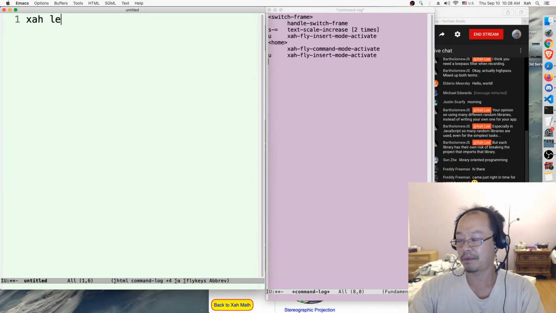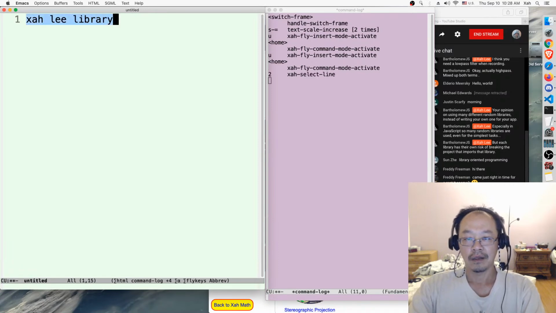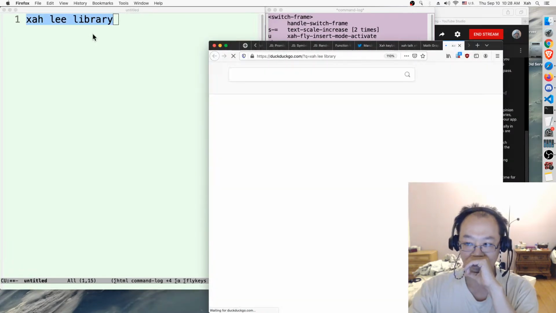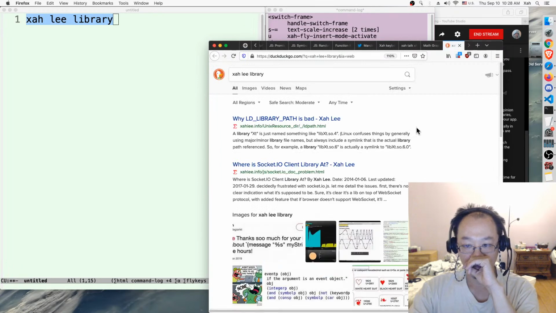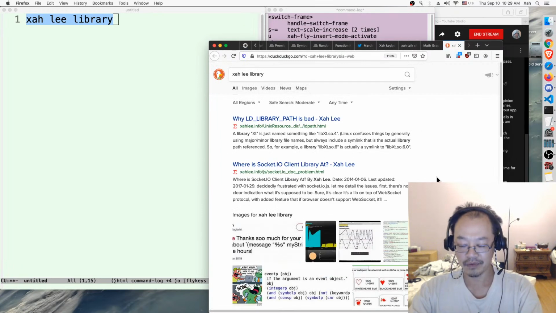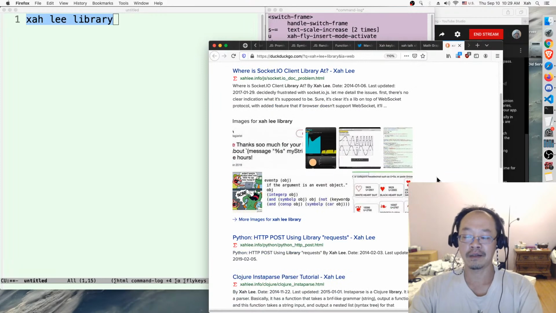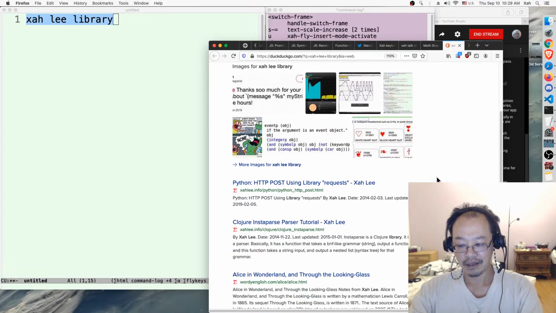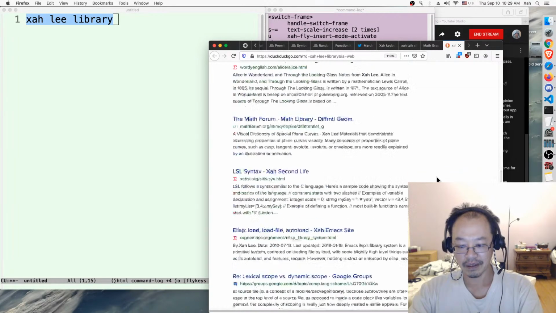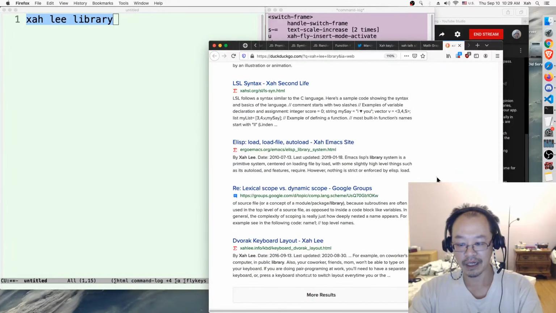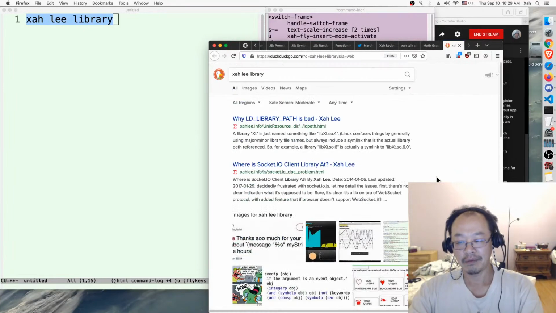Let's type for library. There are some articles about that, but I don't think I'm seeing the one I want to talk about. But anyway, there are some other articles about libraries.